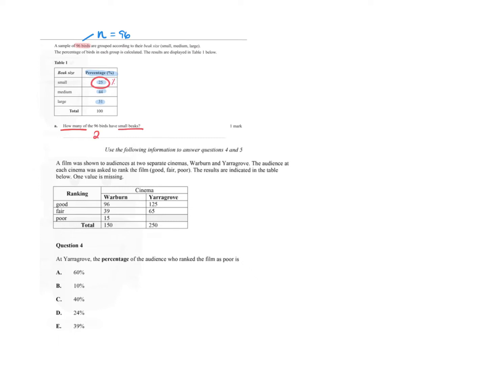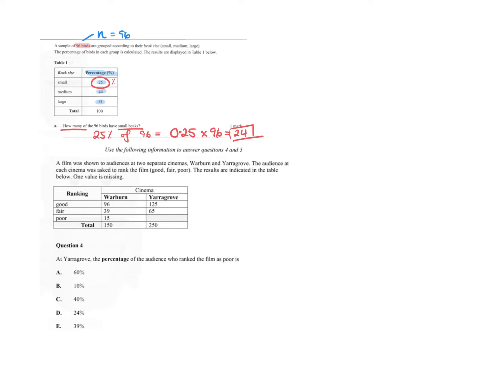So we're saying 25% of the 96 have a small beak. So when we're trying to find a percentage, we'll change that to a decimal. So that's 0.25, and of means times, and then we'll go 96. So we get 0.25 times 96, so we've got 24 birds that had a small beak.